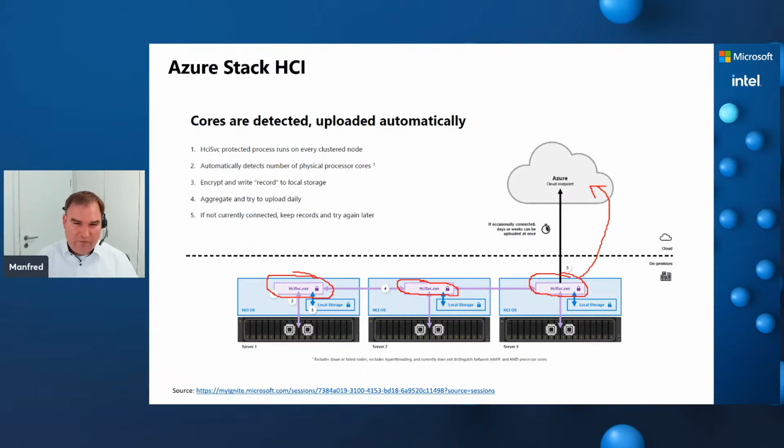Now, maybe you only need 50% for your workload. So you could go to the firmware of the server and deactivate cores. Let's imagine we deactivate 10 cores on each server. So we have 20 cores in each server, 60 overall, but we only have 30 active cores. Then we are charged for the 30 cores and not for the 60.